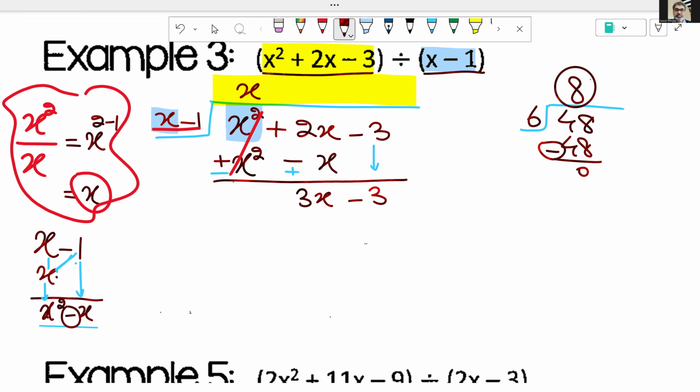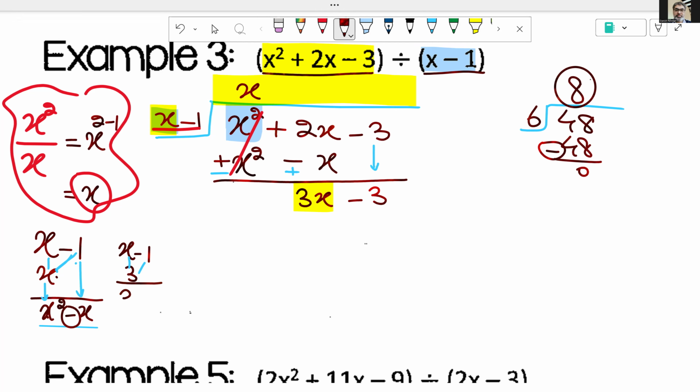Now think about the same thing again. What are the first terms? Take these first terms and think about what can you multiply that will give you a 3x. What should I multiply this x with to get a 3x? 3, exactly. You see, that's the thought process simply. So what will I do? I will again multiply the x minus 1 with the 3, distributed over both, and that's going to give me, what will it give me? Exactly, 3x minus 3.